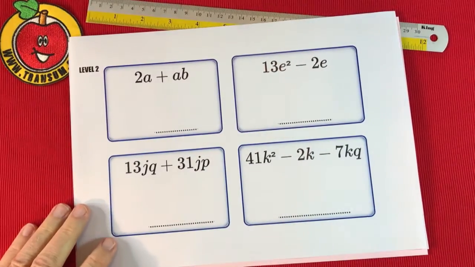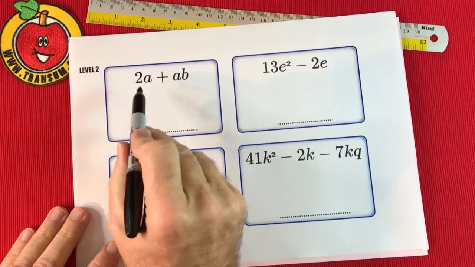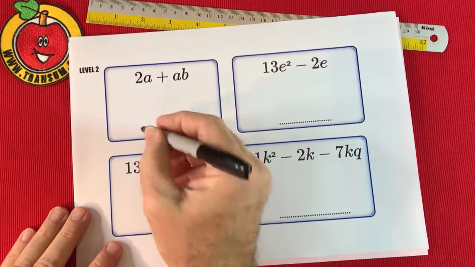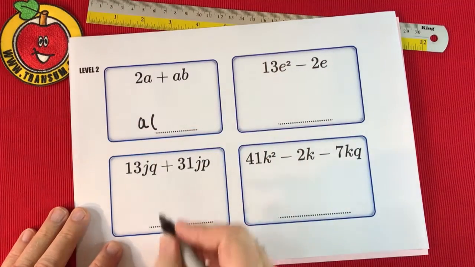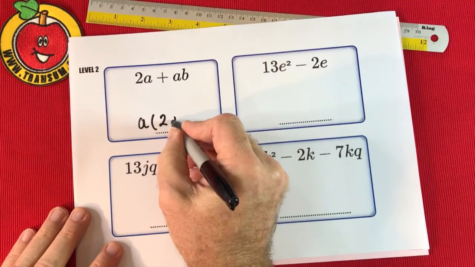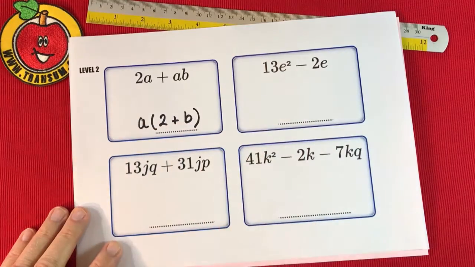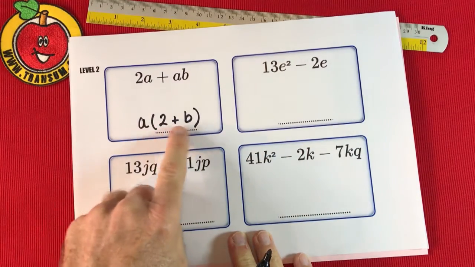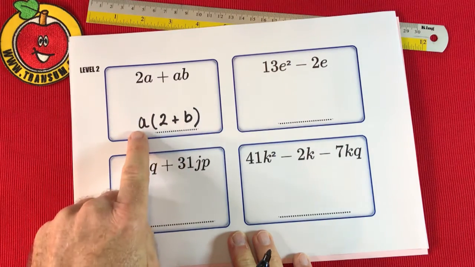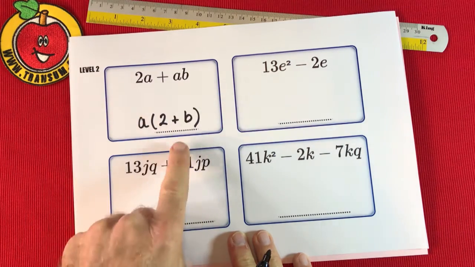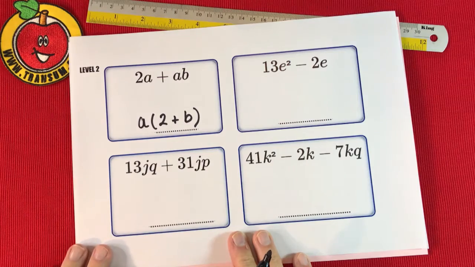Now I can see that these two terms here have a common factor of a. So I can bring a in front of the brackets and multiply that by 2 plus b. Let's just check. If I multiply everything in the brackets by a, I will get 2a and ab. So that's correct.